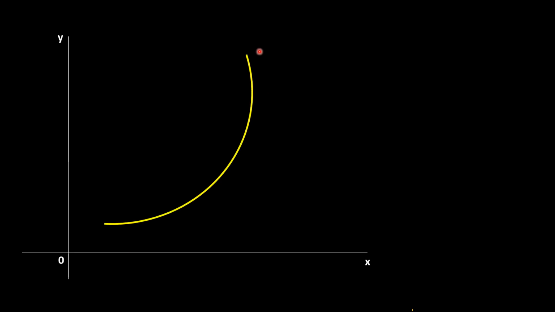So x-axis, y-axis, origin, graph of function y equals f(x). Consider a point P (a, f(a)): x coordinate, y coordinate.